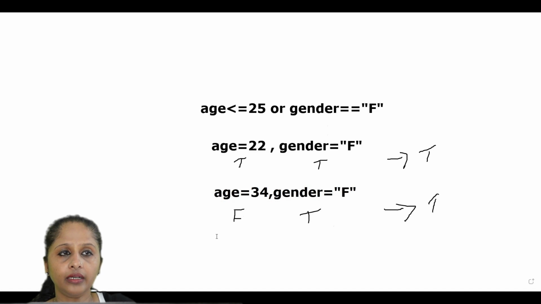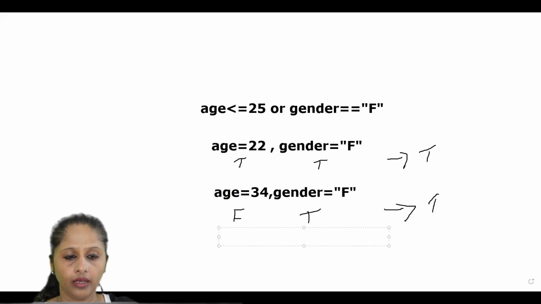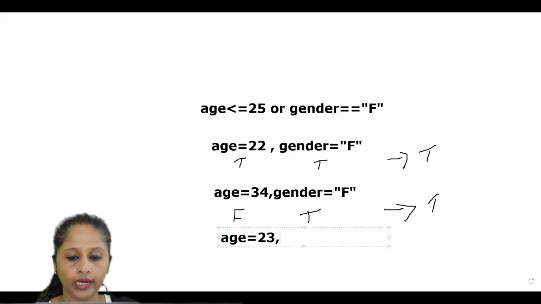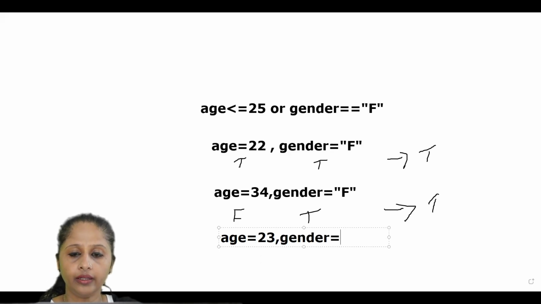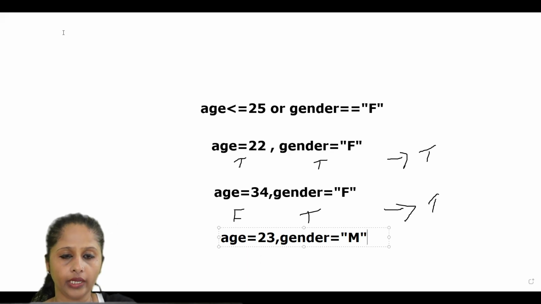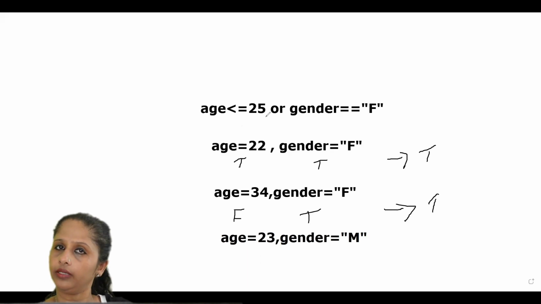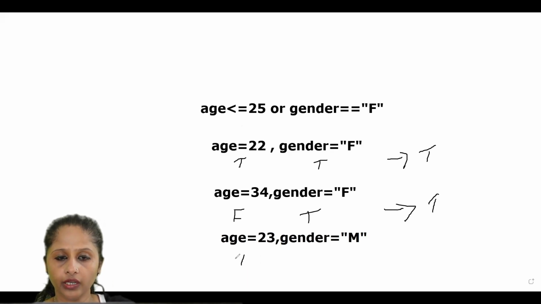Then we have the third condition, like age is equal to 23 and gender equal to male, M. Here it is checking the condition. Age is 23, checking 23 less than or equal to 25. Yes, it is satisfying, so here you get a true return value.